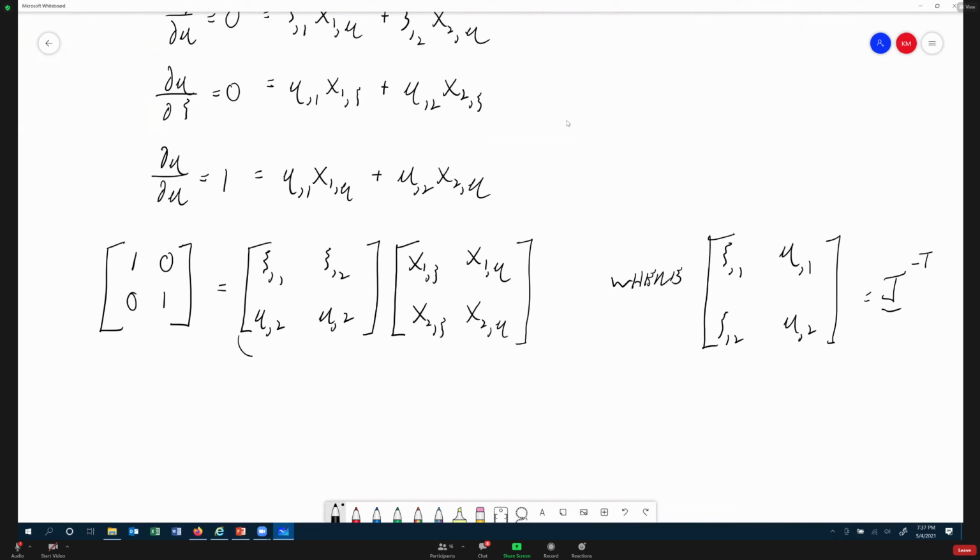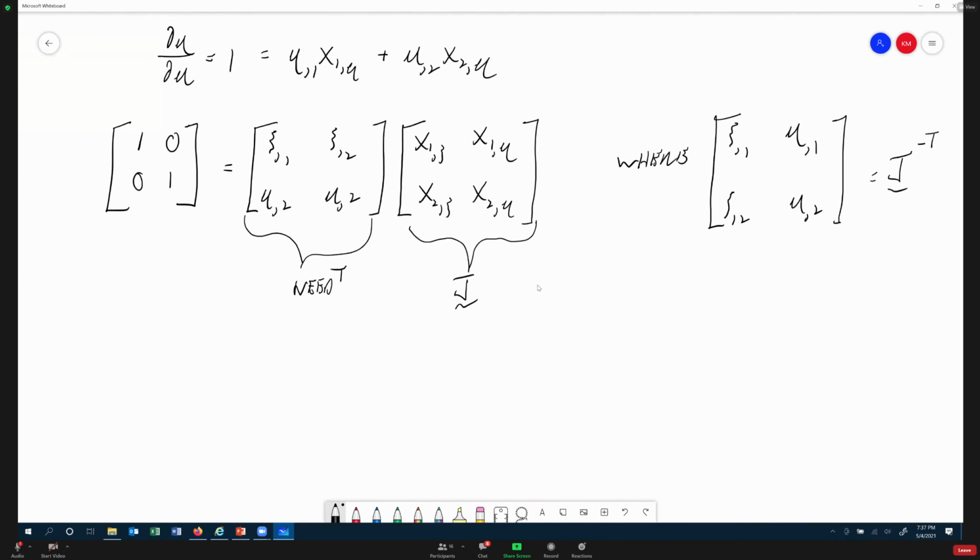So we need the transpose of this, and this is the Jacobian. Now we have n alpha comma 1 and n alpha comma 2.